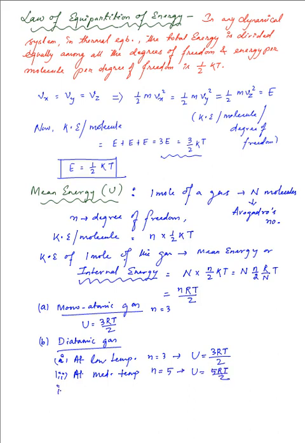And then finally, at higher temperatures, we have the value of n equal to 6 or 7. Again, 7 is usually taken for calculation purposes, so we take it as 7. So this is 7RT over 2. So these are the cases where we get the value of the internal energy of a given gas.